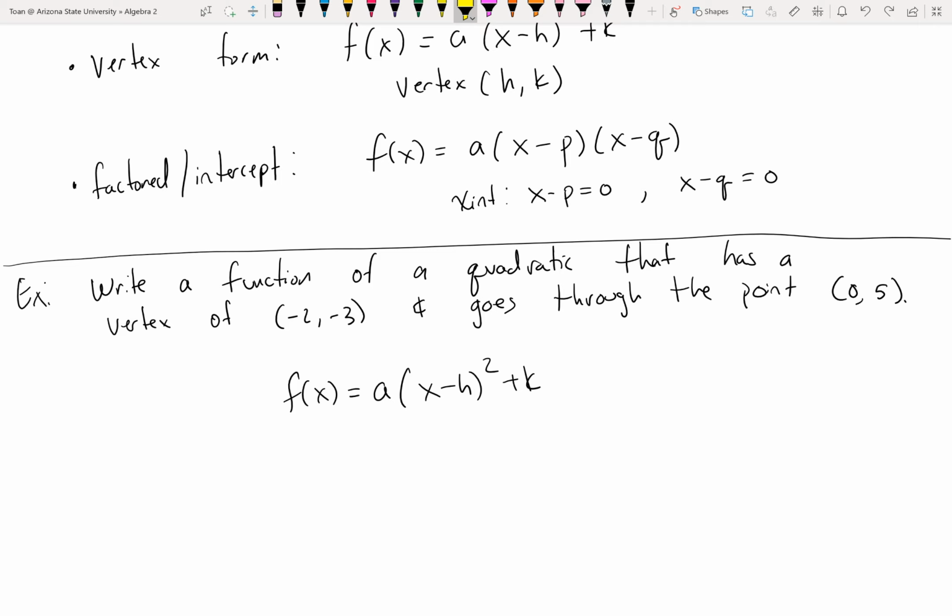So how do we do this? Well, you just read the information they give you and figure out where it belongs. So let's go ahead and read this. Write a function of a quadratic that has a vertex of, hey, they gave me a vertex. I need to know that the vertex will always be h and k. And it goes through this point 0, 5 here.